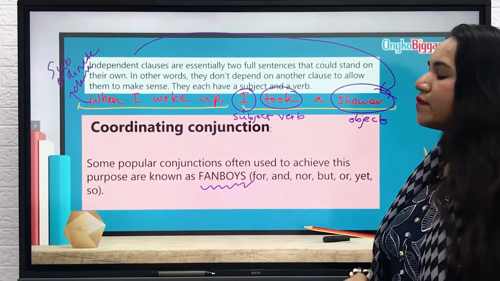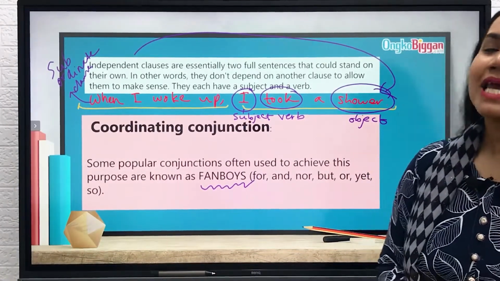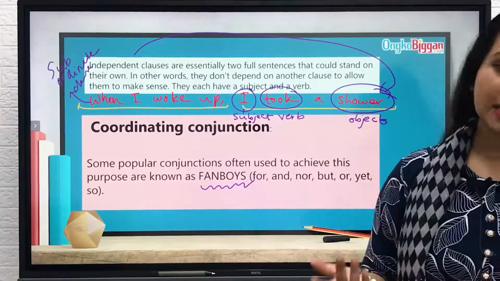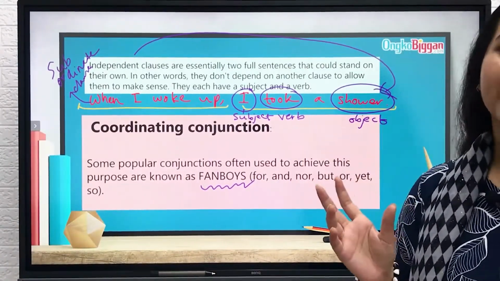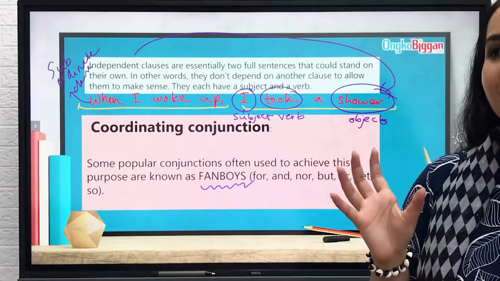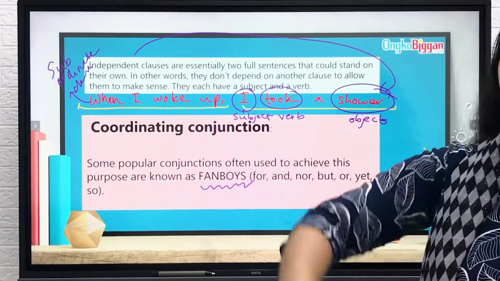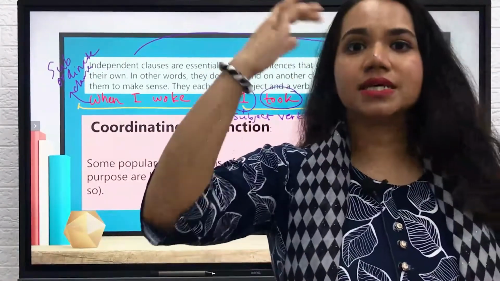So what does the word fanboys mean? In English, just in English, not in grammar, the word fanboy or fangirl is, the word fan in itself does not mean the fan that is rotating, that is giving me air.